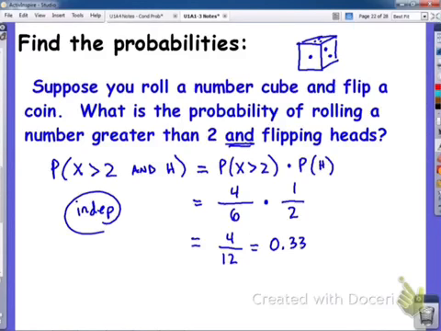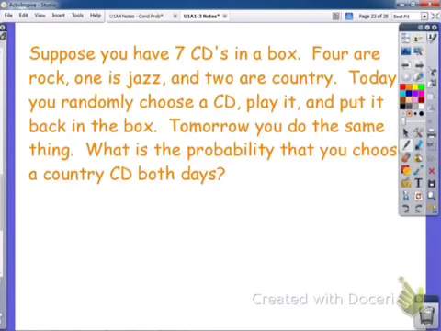Now if I hit math, enter on my graphing calculator, I get 1/3 in its reduced form. Hey, wait. Do 4/6 times 1/2, right? Yeah, you can do it that way. Okay, we good with this? Next.